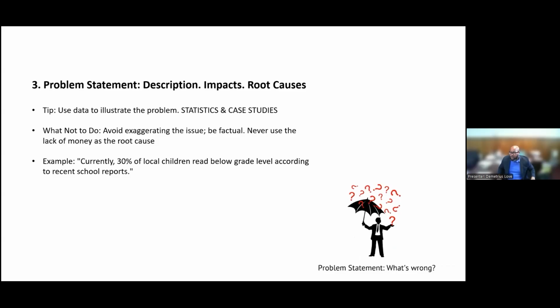When you're writing your problem statement, you want to focus on the description, the impact, and the root causes. Description, impact, root causes. Now, how do you want to describe the problem statement? When you go to, again, tip your ChatGPT, how you want to describe your problem statement? Well, ChatGPT has already told you where you and the organization align.